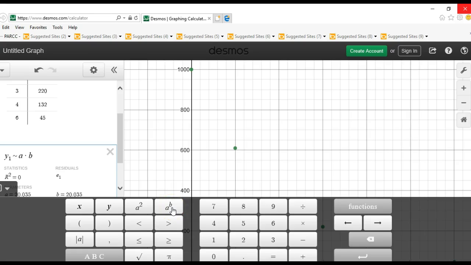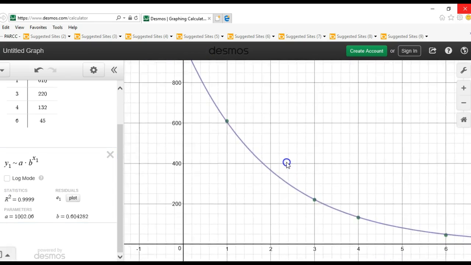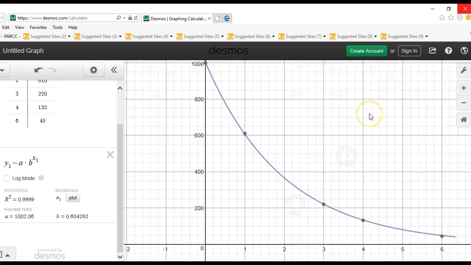You can use Shift 6 on your calculator. I'm going to use this A to the B. And again, my table uses x1 and y1, so instead of just x, I want to put x1. And as you can see, it draws the curve for me of that exponential function.